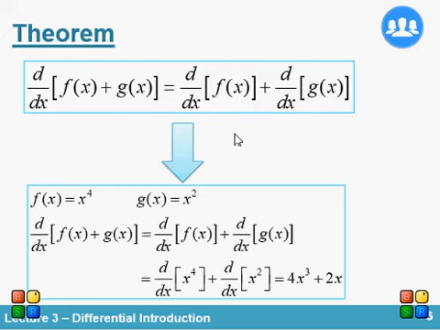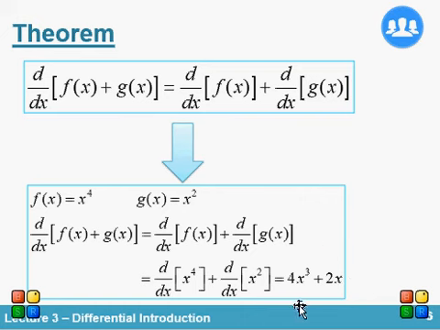So let's go to the example. For f(x) equal to x to the power of 4 and g(x) equal to x squared, we use this rule. The way to solve this problem is like this: d/dx of x to the power of 4 plus d/dx of x squared.